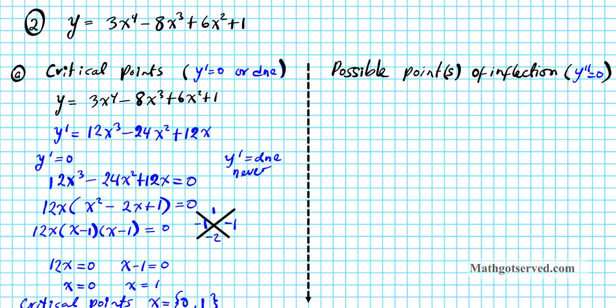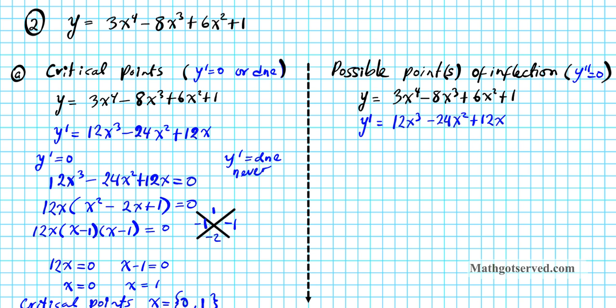All right, so let's start by writing down the original function. y is equal to 3x to the fourth minus 8x to the third plus 6x squared plus 1. The first derivative that we found earlier, y prime, was 12x to the third minus 24x squared plus 12x.